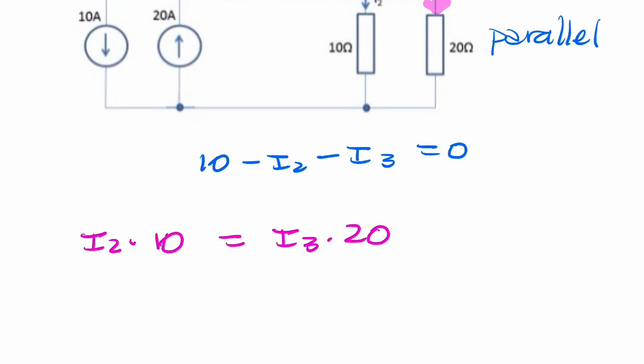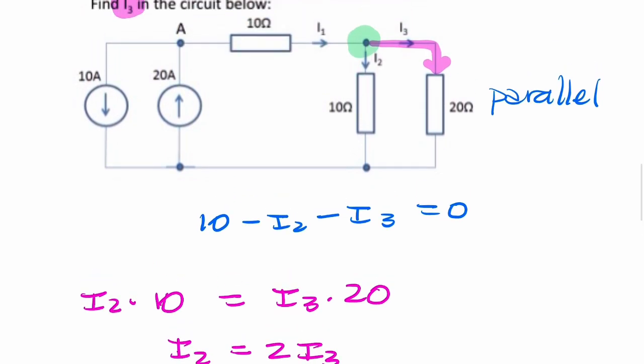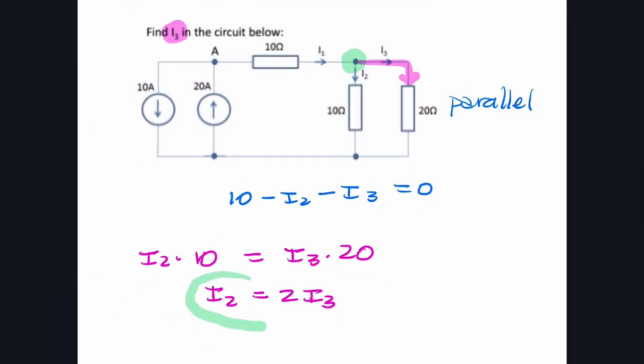You can rearrange that to say something like I2 equals 2I3. So now you have a relationship between I2 and I3.